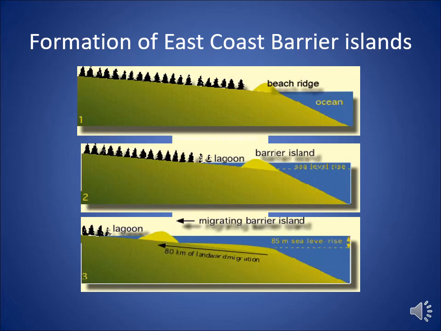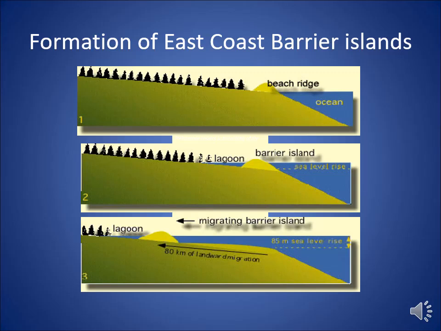Okay, so if we take a look at this image, this depicts how our East Coast barriers are supposed to form. If you look at the uppermost picture, you can see this is a lower stand of sea level. We have a beach ridge, which is a beach and sand dune complex. And then in the middle, the sea level begins to rise. The beach ridge becomes cut off from the mainland by a lagoon or back barrier bay.